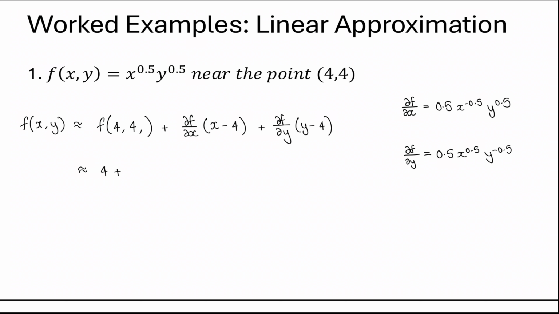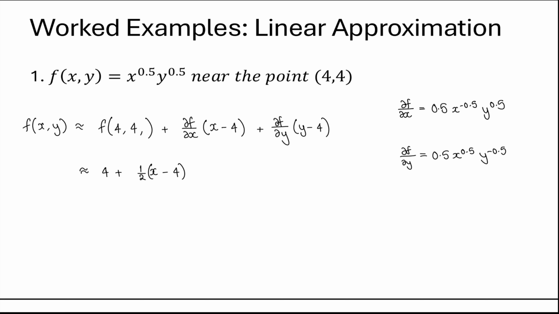Substituting in (4, 4), we get a half. And then if we do the same thing, substituting 4 into the partial derivative with respect to y, we will get a half, times y minus 4. If we now expand the brackets, we just get half x plus a half y as a linear approximation.